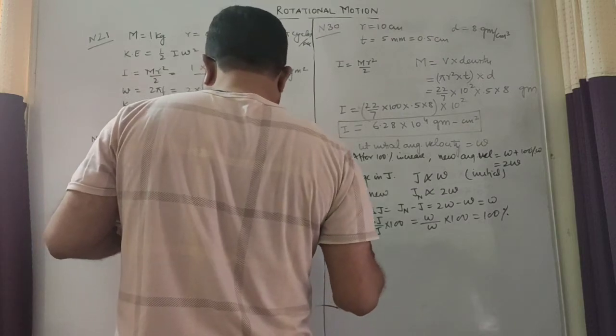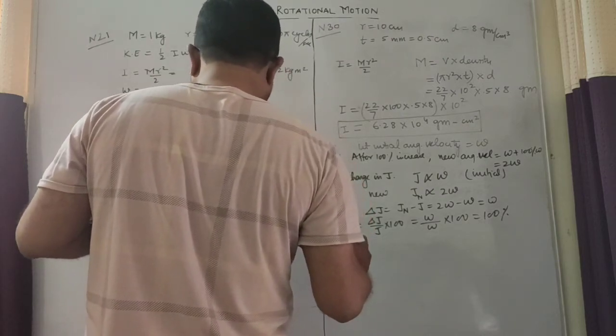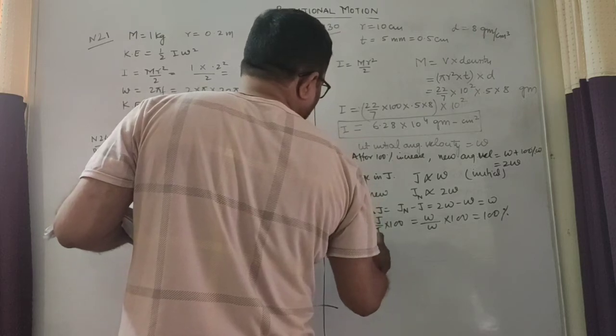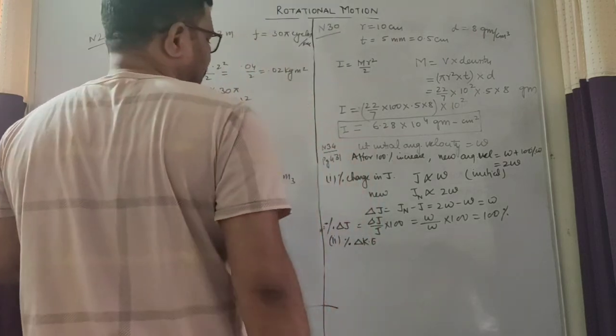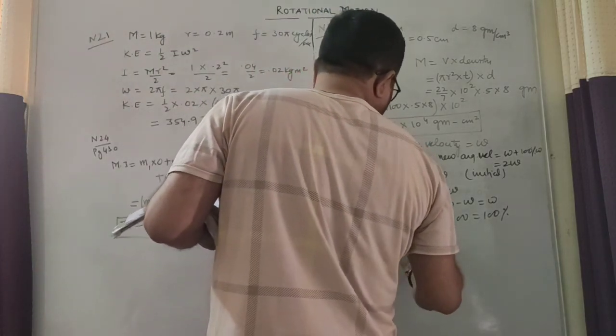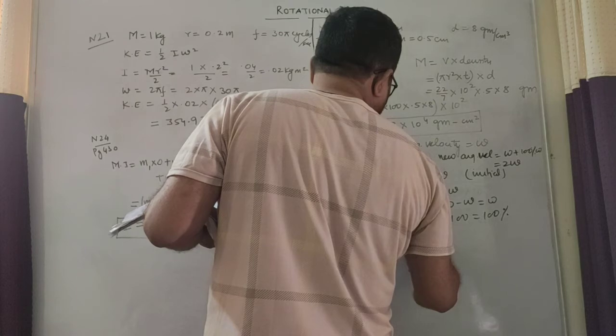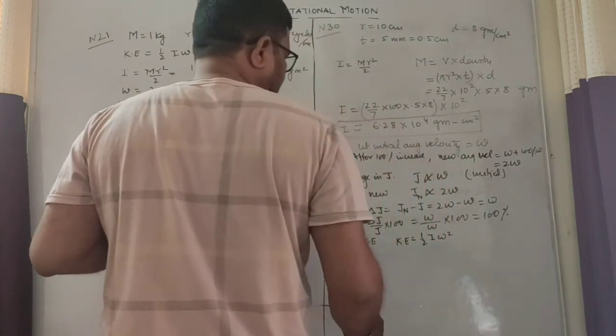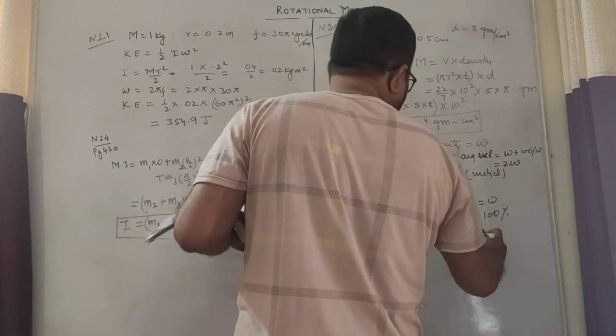The second part is find the percentage change in rotational kinetic energy. This you need to find. Now the initial kinetic energy will be half I omega square, which is directly proportional to omega square.